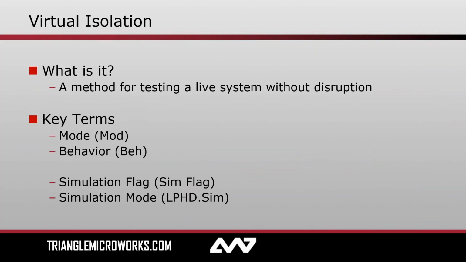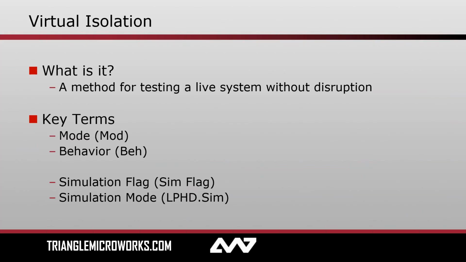And fundamentally, virtual isolation is a method for testing a live system without disruption or with minimal disruption. As part of that, we have two key concepts broken up into 4 terms that I want to really drive home as part of this section. The first concept is mode and behavior, those being the 2 key terms. Sometimes you'll see those abbreviated as MOD and BEH.